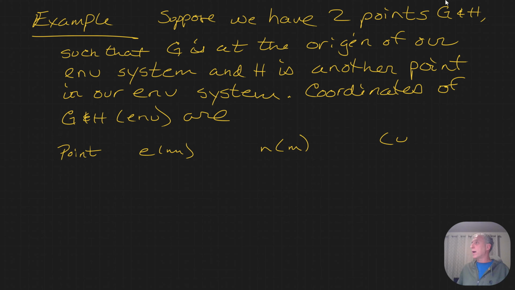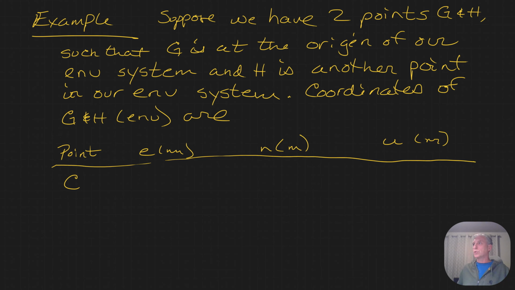And then my up value, which is like n plus h. So U, also in meters. And so G, since it's at the origin of our ENU system, of course, would have 0.000, 0.000, and 0.000, which just follows from the definition of the origin of a system, right?